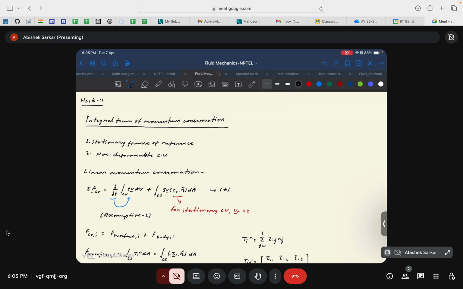So we'll discuss these two problems, and then we'll see how the solutions are obtained for this special case of the Navier-Stokes equation, which are indeed the exact solutions.